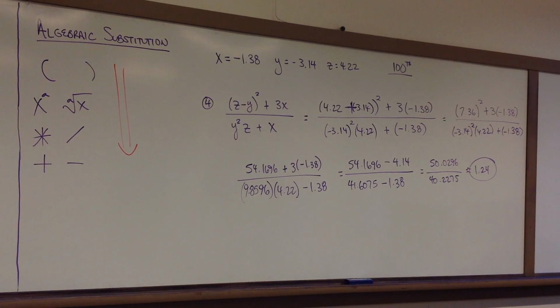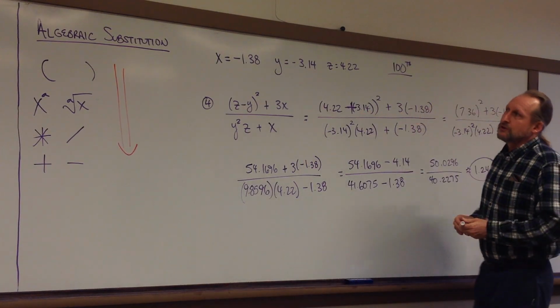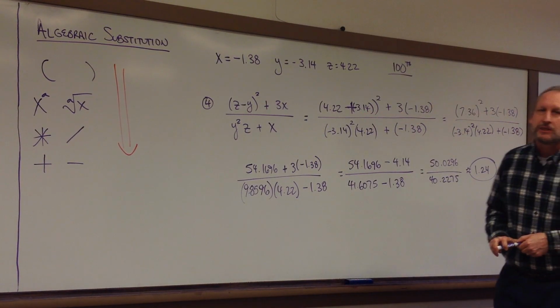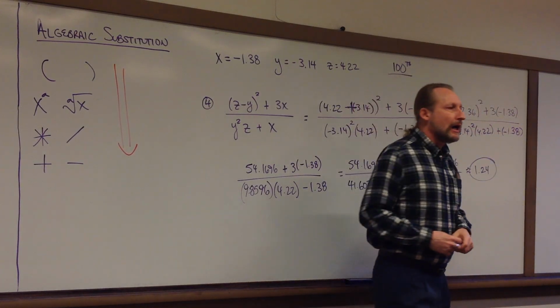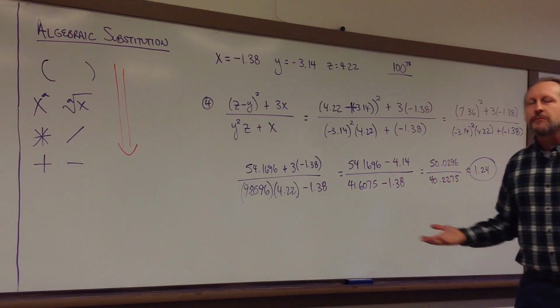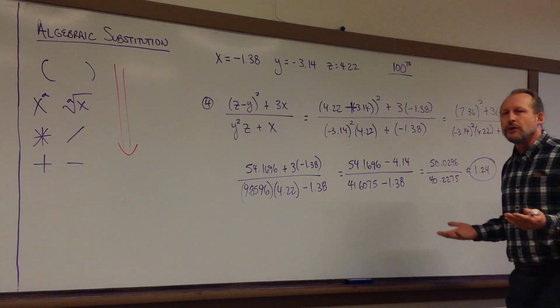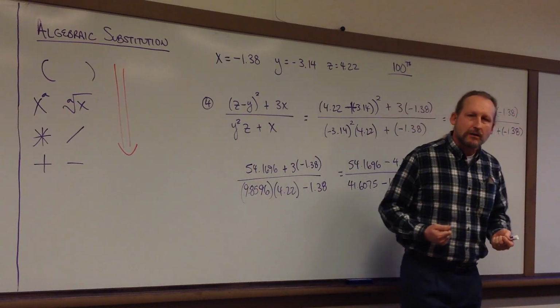Okay, now this process of algebraic substitution is used extensively in the sciences. You know, the sciences have lots and lots of formulas about the relationships between, whether it's chemistry or physics or whatever you're doing, these things have relationships with each other that are numerical, okay?